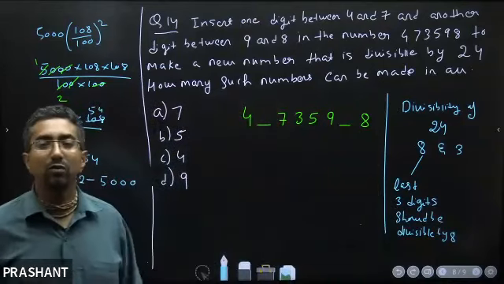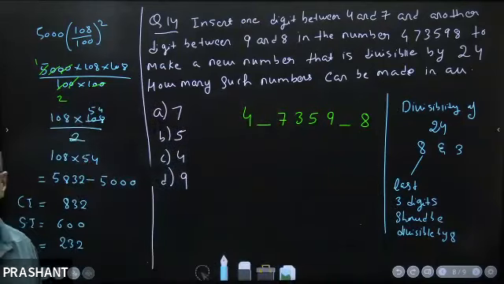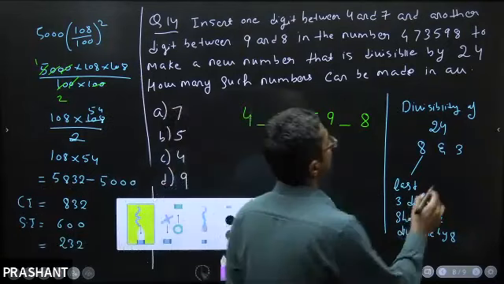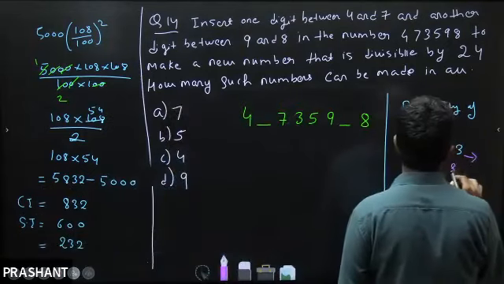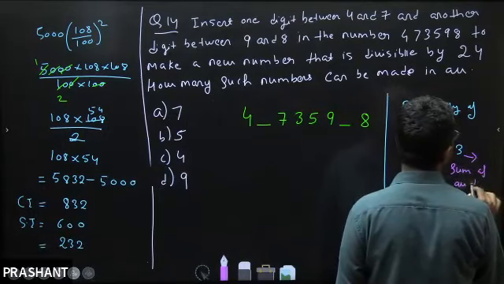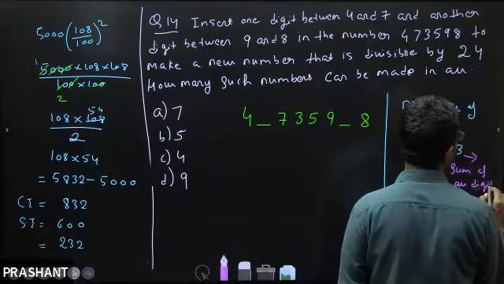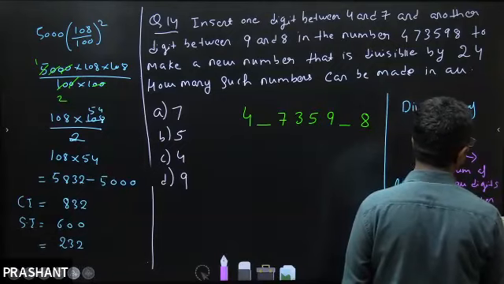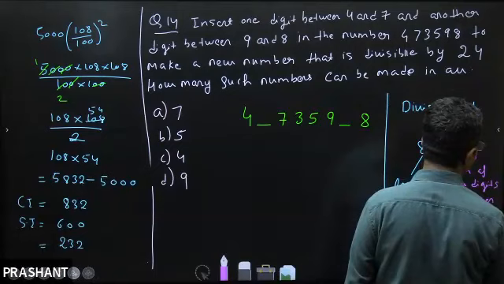So 8 का divisibility rule is last 3 digits should be divisible by 8, and 3 का divisibility rule क्या है? Sum of all digits of given number should be divisible by 3.